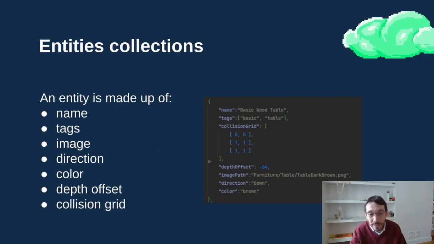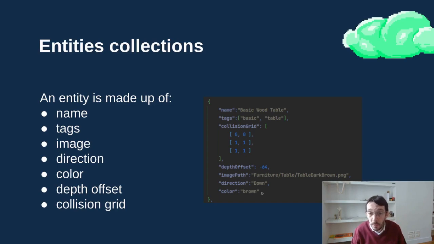It has an image, of course, which is the image that is being displayed. The image can be any size. You don't have to stick to a grid. It can be huge or very small. It has a direction, so up, down, left, and right. It can have a color, and items with the same name but with different colors are grouped together.